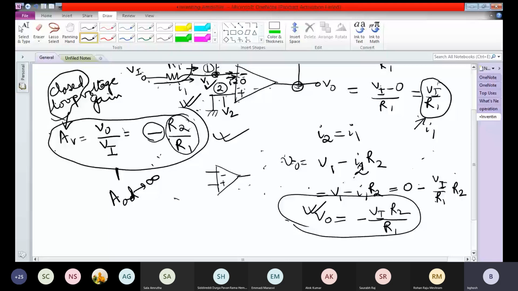I change R2 and R1, which are added by me, I can change the voltage gain. An important parameter like voltage gain comes totally in my control is a very big achievement.